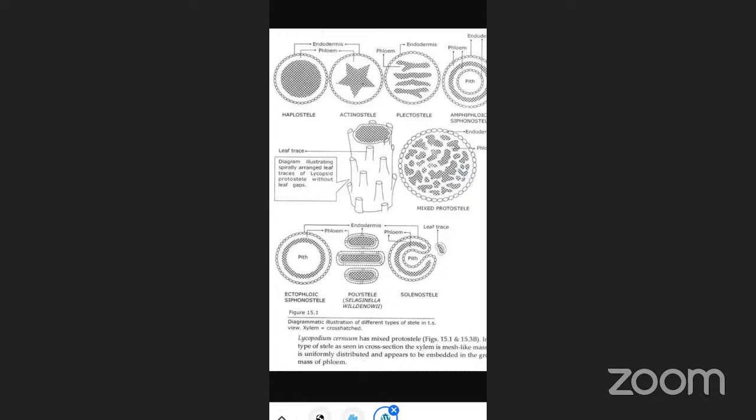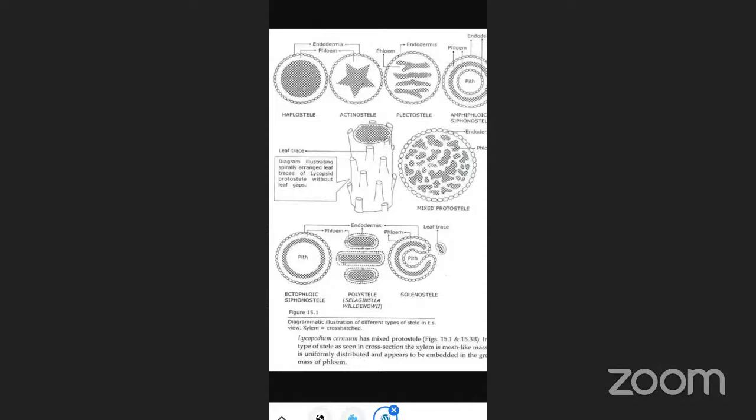These pteridophytes are also considered the primitive vascular plants, with a simple and primitive vascular system in the course of evolution. Several progressive variations lead to the formation of the complex stele found in angiosperms.